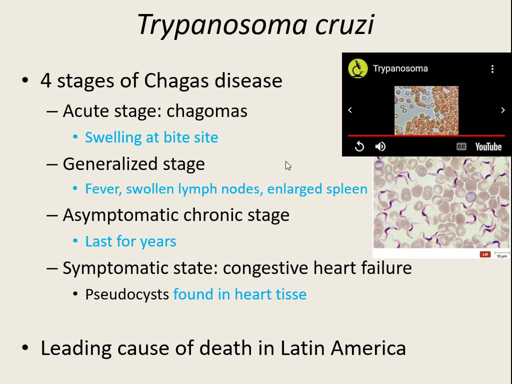Eventually, as your body starts to decline and your heart starts to decline, that damage that was done to your heart now starts to become evident, and you can develop congestive heart failure. So the leading cause of death in Latin America is congestive heart failure, and not because they eat unhealthy. It's because of this particular parasite that causes that long-lasting damage to the heart.